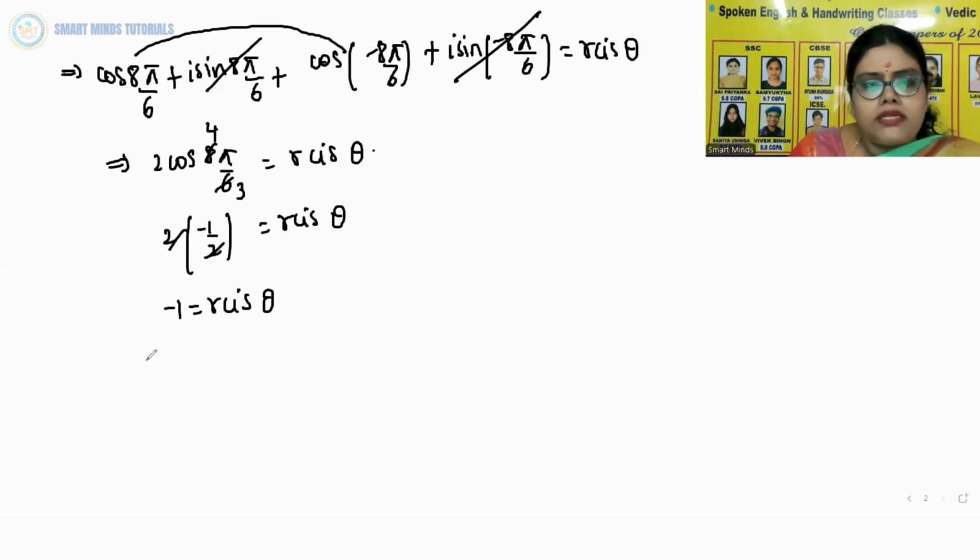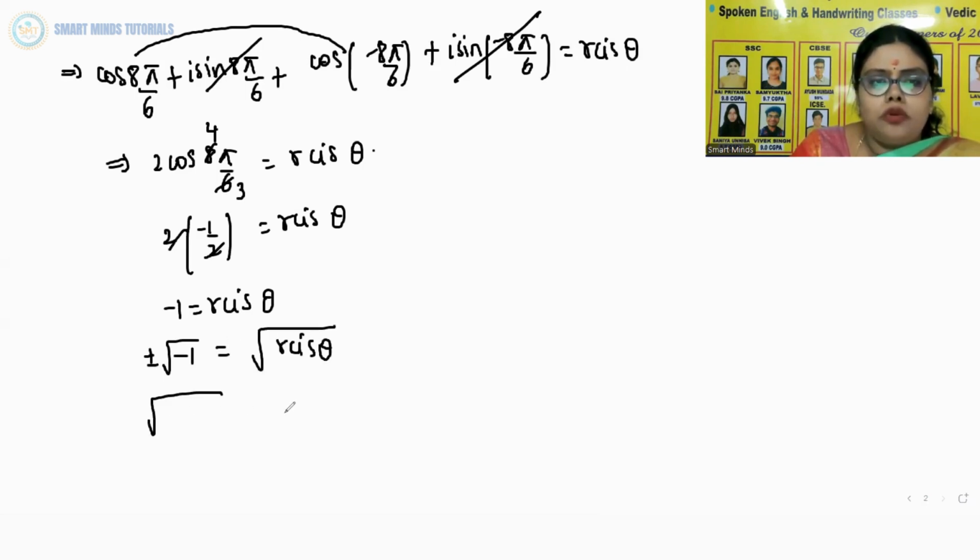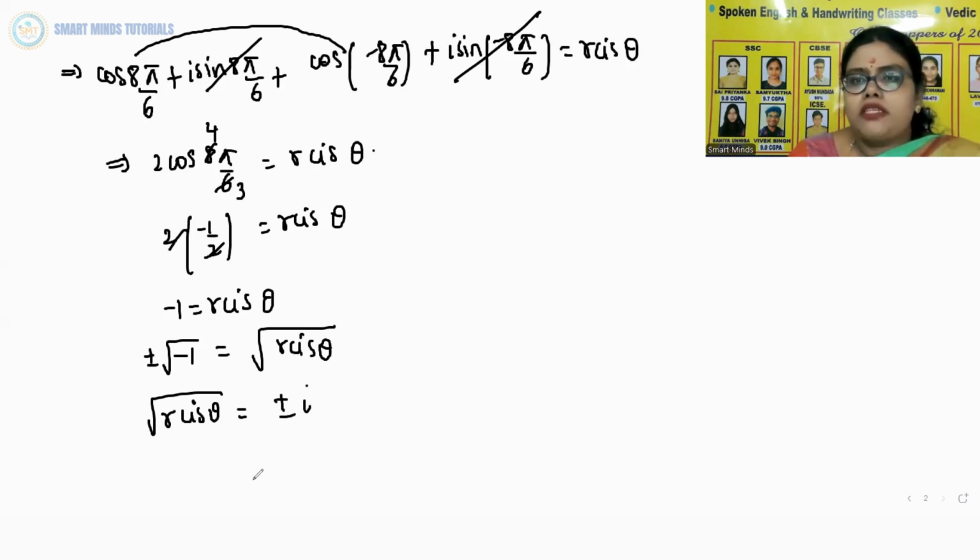So we can write it as such if you want. But in the question they are asking you √(r cis θ). So that is ± √(−1) equal to √(r cis θ). So √(r cis θ) is equal to ±i, because the square root of −1 is nothing but iota i.